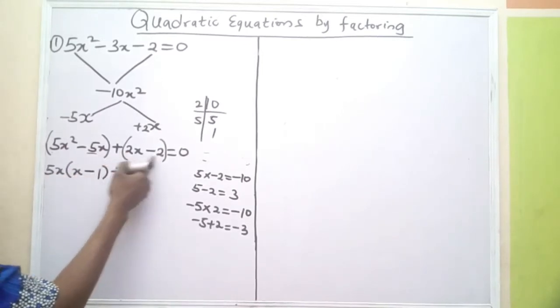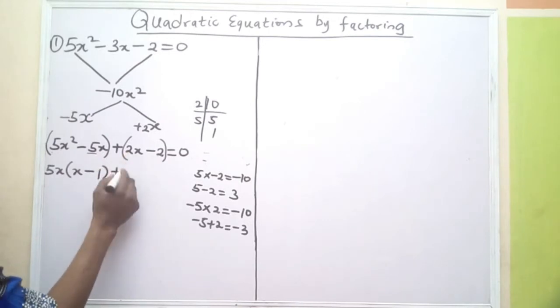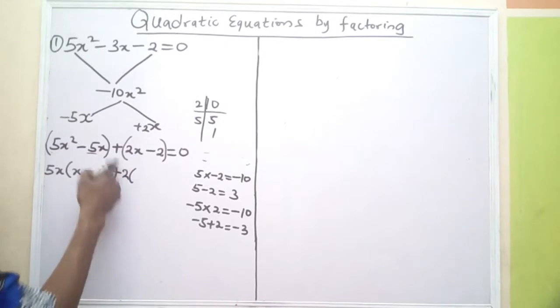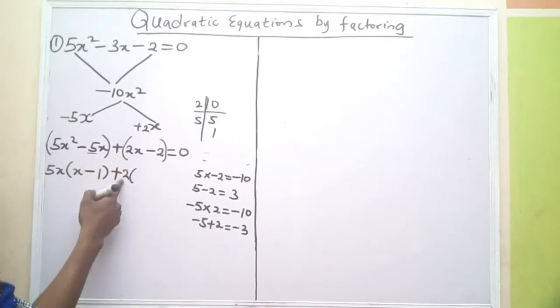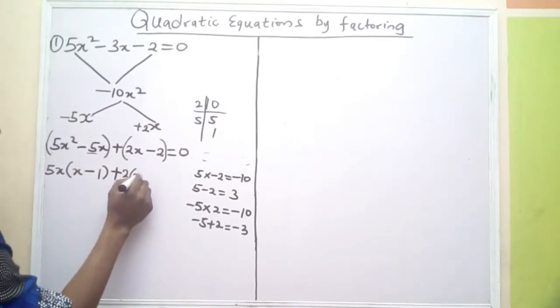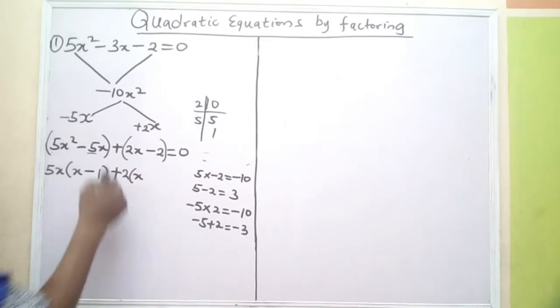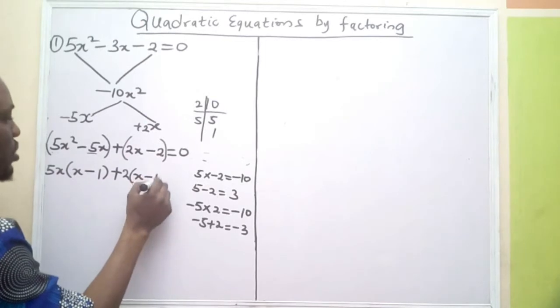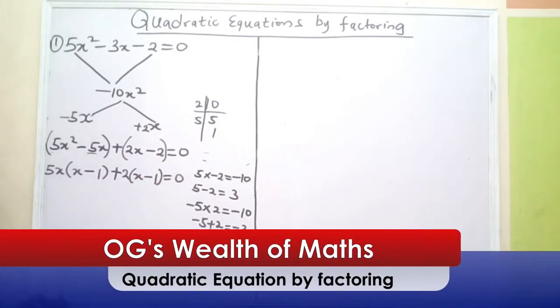Then plus, if I factor out the next pair, the highest factor is 2. So 2x divided by 2 will give me x, minus 2 divided by plus 2 will give me minus 1, equals 0.